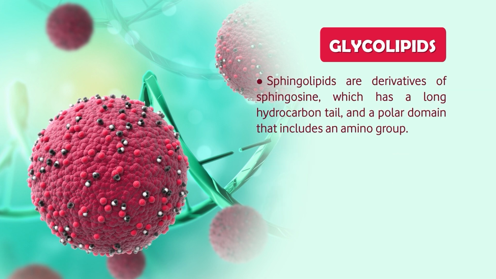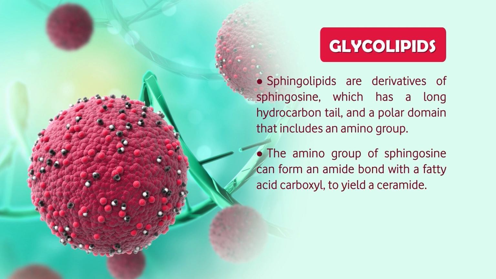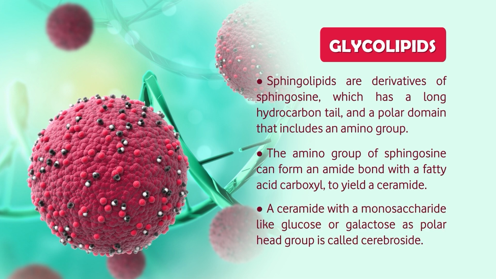Sphingolipids are derivatives of sphingosine, which has a long hydrocarbon tail and a polar domain that includes an amino group. The amino group of sphingosine can form an amide bond with the fatty acid carboxyl to yield a ceramide. A ceramide with a monosaccharide like glucose or galactose as polar head group is called a cerebroside.